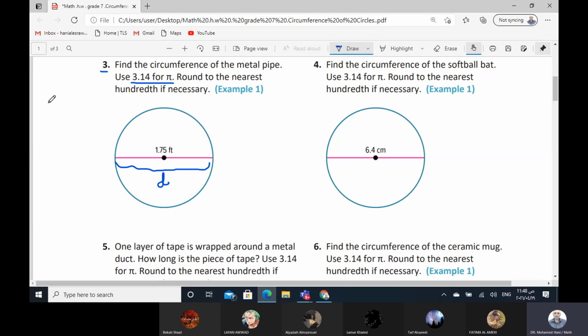So start from the formula, C equal pi times d, and pi equal 3.14 times d, 1.75.